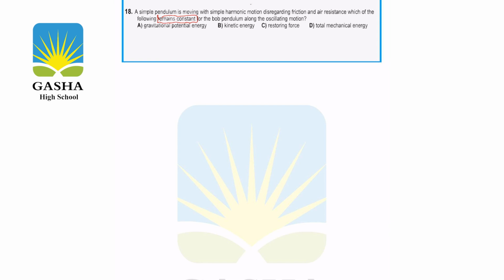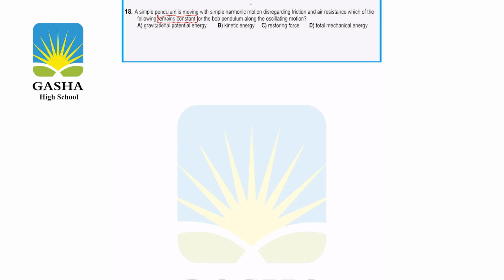Kinetic energy and restoring force are the same, so they change during the oscillation. Kinetic energy is 0 at maximum displacement, and it is maximum at equilibrium position. For restoring force, the same: at maximum displacement it is maximum, while at equilibrium position it is 0. So A, B, and C do not remain constant during the oscillation.